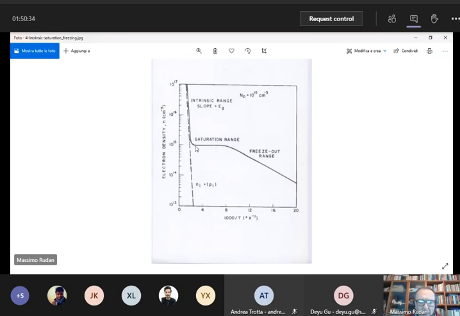And if you look at the horizontal axis, you see that we have 1000 over T. So 4 means 250 Kelvin, and 8 corresponds to 125 Kelvin.